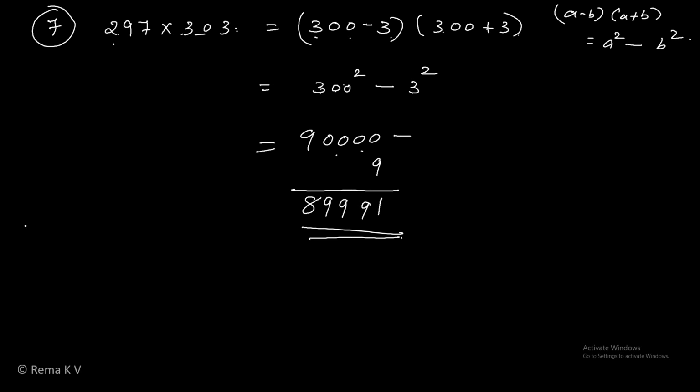Okay, moving to the next one. 78 into 82. 78 into 82. How can you write this product?